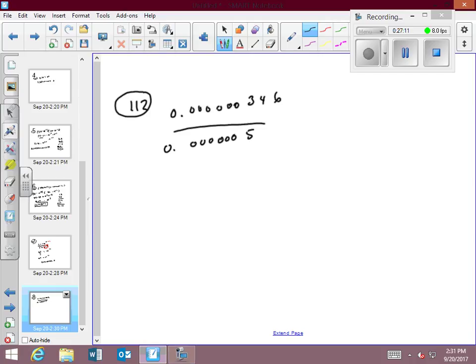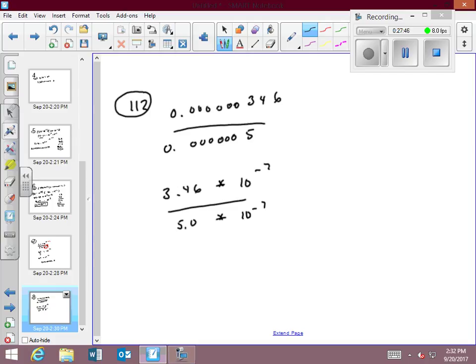So that numerator we would write as 3.46, right? Times 10, and we've got the 6 zeros and a 3, so that's going to be minus 7, right? And then the denominator is 5.0 times, and we've got the 3 zeros, and so that's 10 to the minus 7 also.